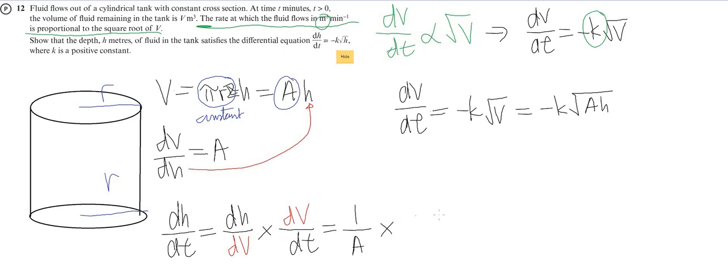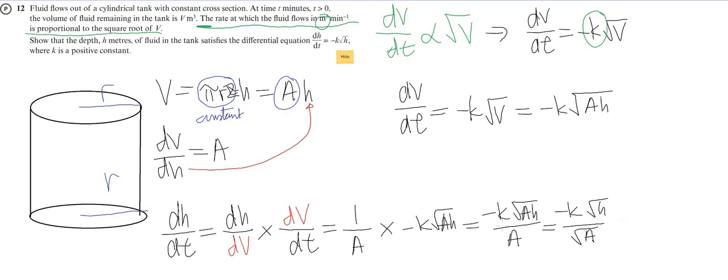Remember, A is our constant. So it equals minus k square root of A H, all divided by A. We can simplify this because we've got two A's appearing. So we get minus k square root of H over the square root of A.